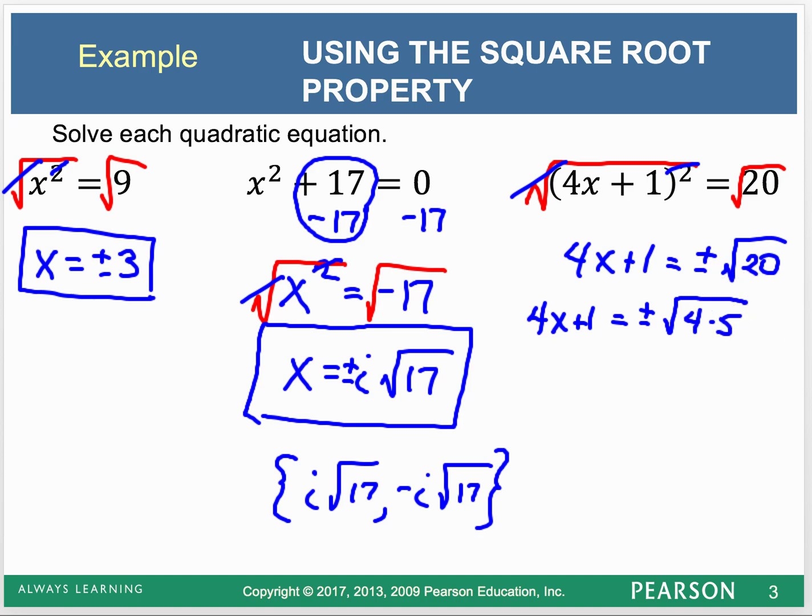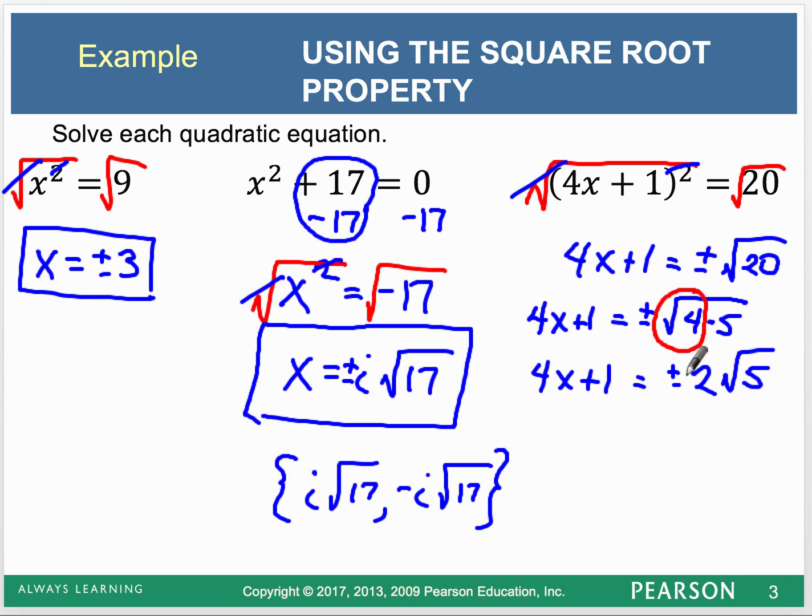Now the reason I want to do that is because I can actually do this square root of 4 part, right? So that will simplify as 2, because square root of 4 is 2. And then the square root of 5, that's a multiplication, right? Not a minus. So square root of 5.